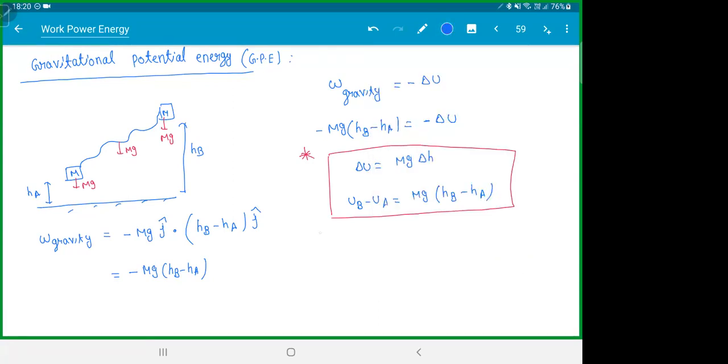Now, if you take something as a reference, if A is taken as a reference, that is HA is 0 and UA is 0, your potential energy becomes U is equal to mgh, where h is the height from the reference line.